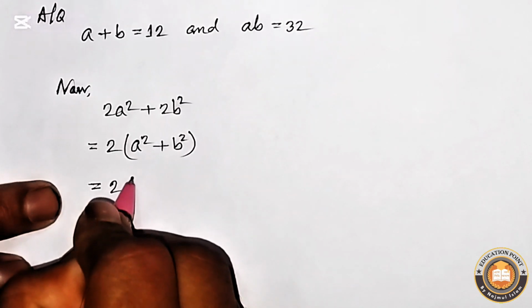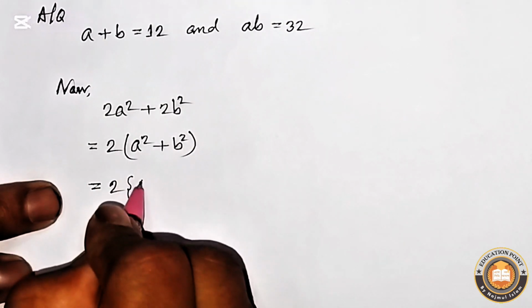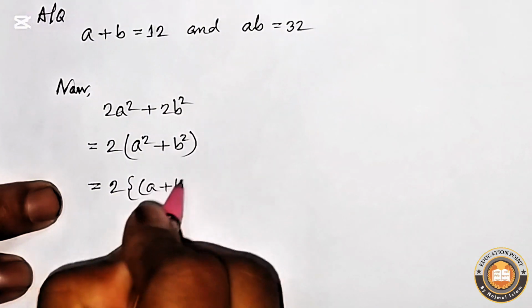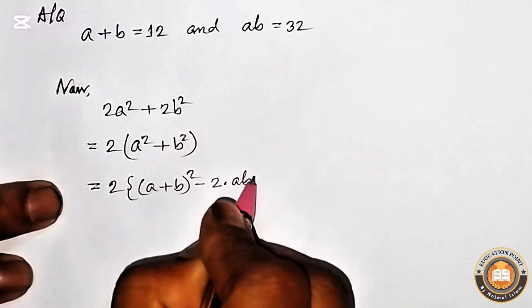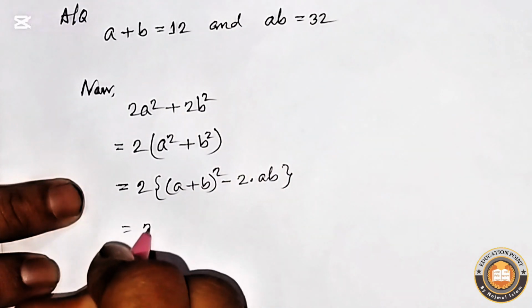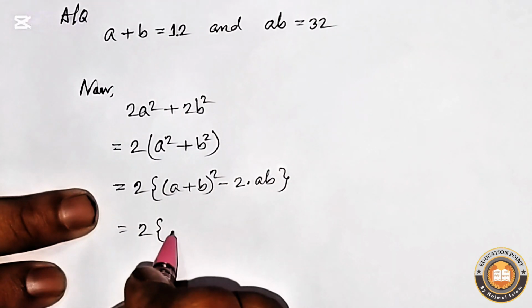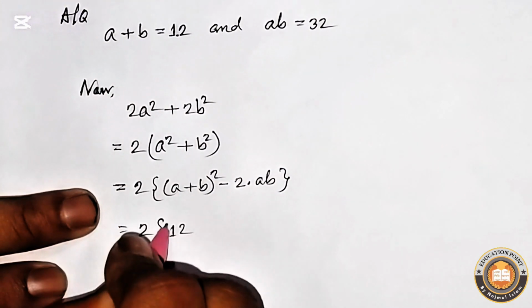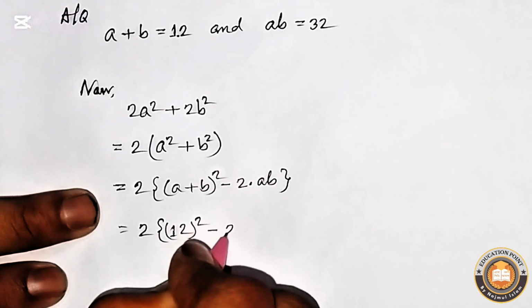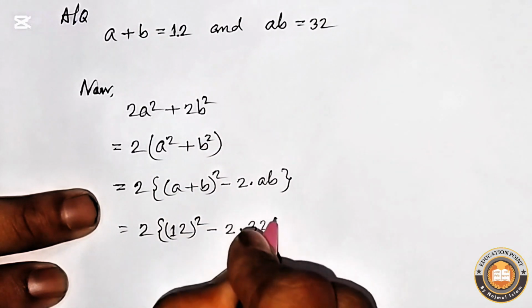So 2 into (a + b) whole square minus 2 into ab. Now putting the value of a + b = 12, that means 12 whole square minus 2 into the value of ab, which is 32.